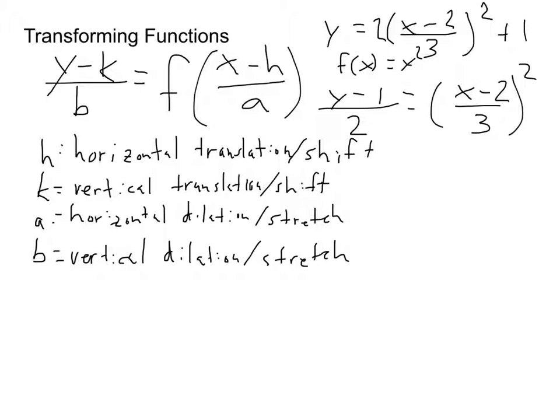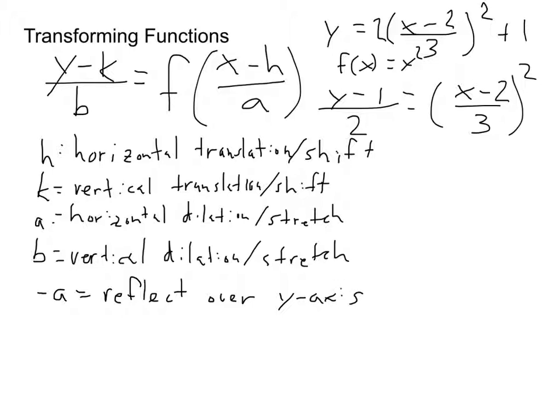Okay. Along with that, if you have a negative sign with a, so if we had a negative a, that is going to reflect a line. And a affects the x values, so if the x values change from positive to negative, that will reflect it over the y-axis.